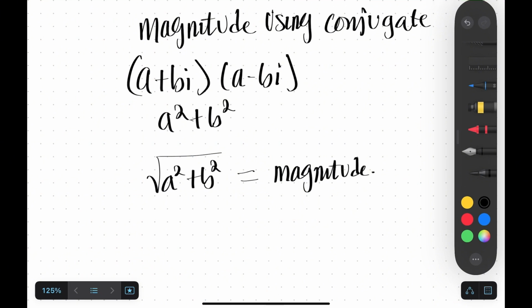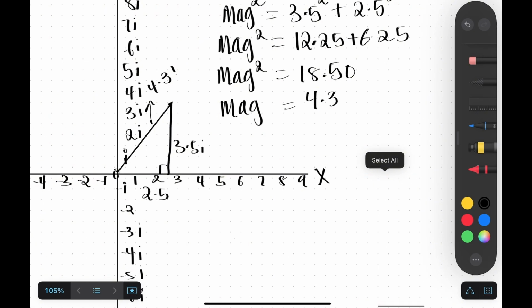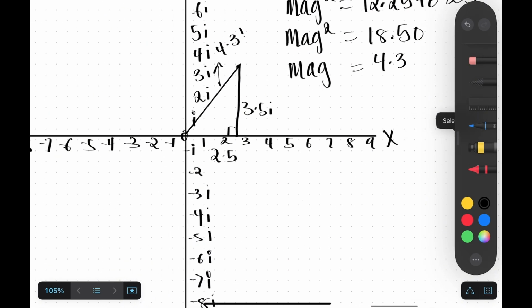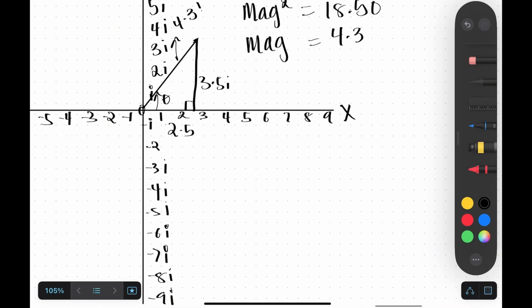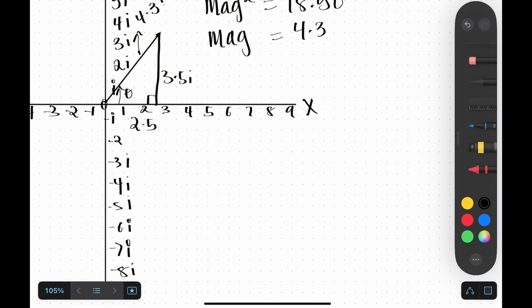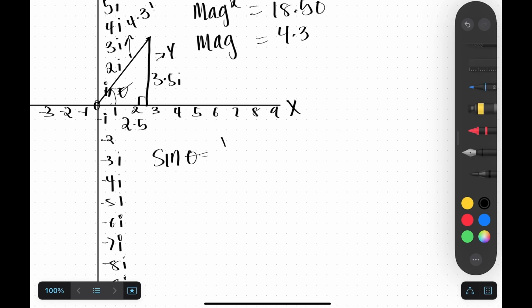What if we wanted to use the magnitude and angle to describe the vector instead of x and y coordinates? Using the angle of the vector with the x-axis, sine of theta is equal to the y-coordinate divided by the magnitude.